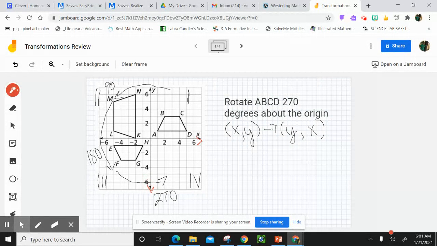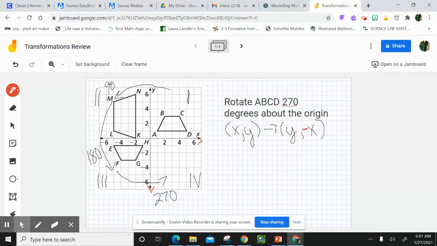So not only is that x value going to move into the y coordinate, we're also going to take its opposite. So whenever we rotate 270 degrees, doesn't matter where we're starting from, you're going to take the opposite of whatever x is, and that becomes our y, and then our y becomes our x.